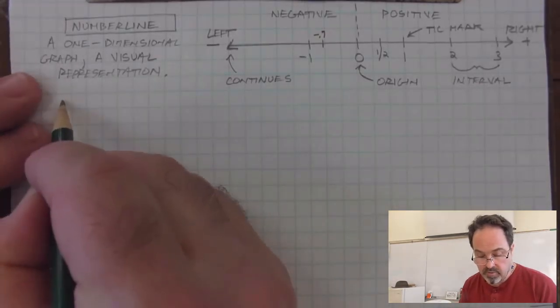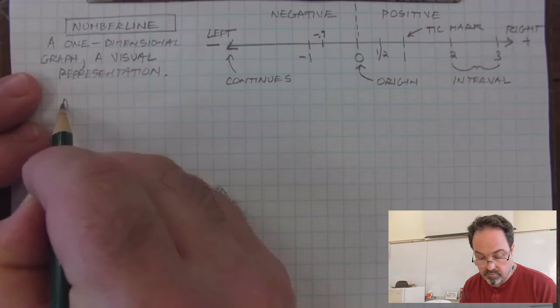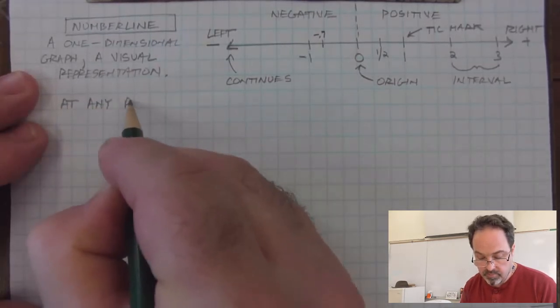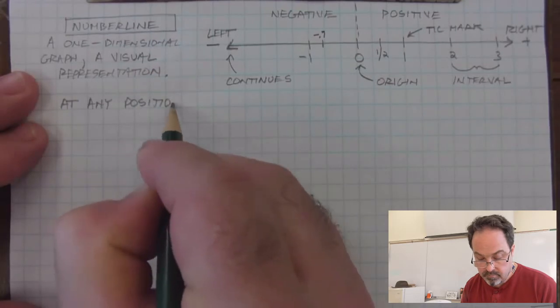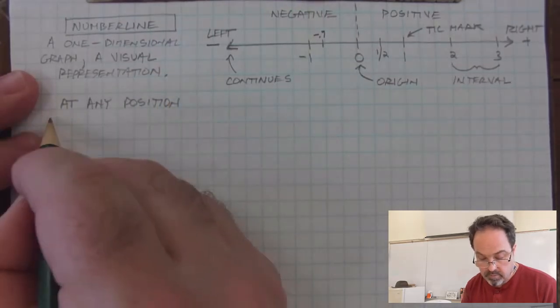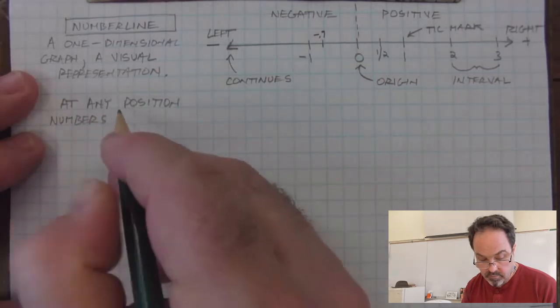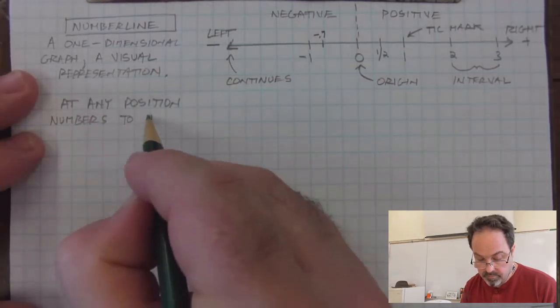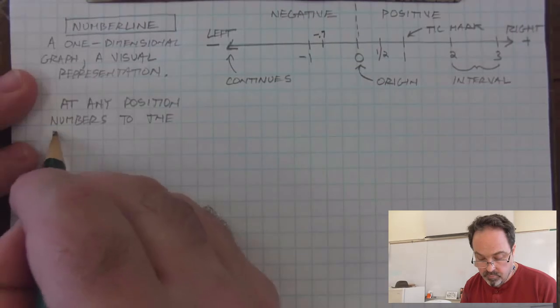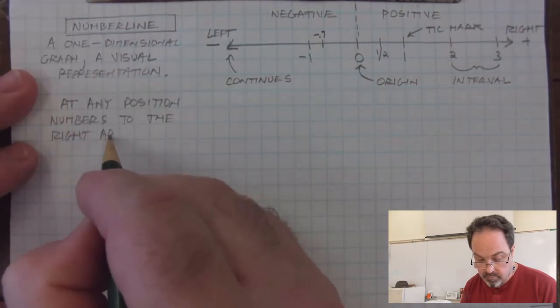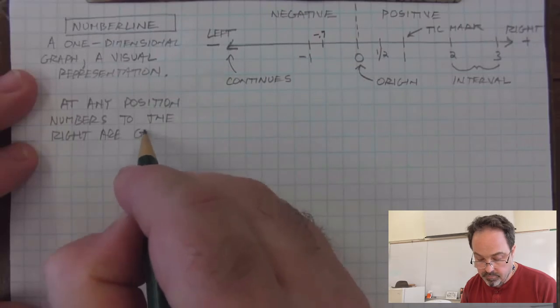And this is something that is true about a number line. At any position, numbers to the right are greater.